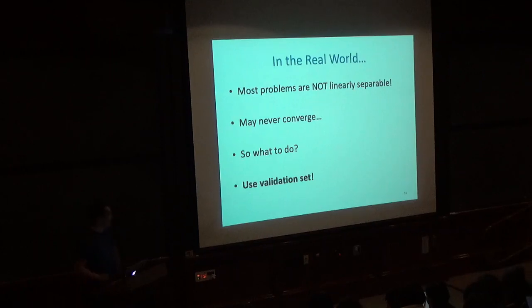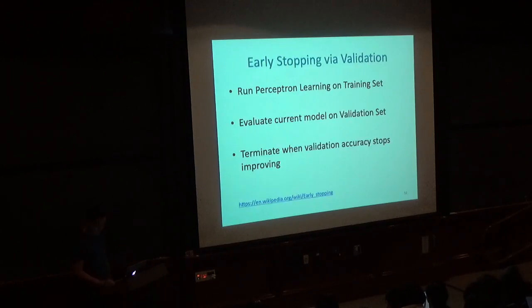Well, the standard thing that people do is they use a validation set. So what does that mean? Well, the one thing is to do what's called early stopping via validation. Early stopping is a very popular thing that people do in machine learning in practice. So we run the perceptron algorithm on a training set. We have a separate validation set.